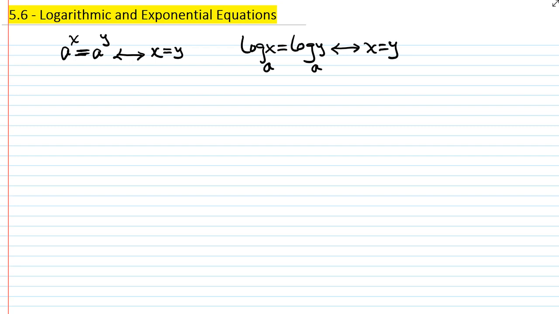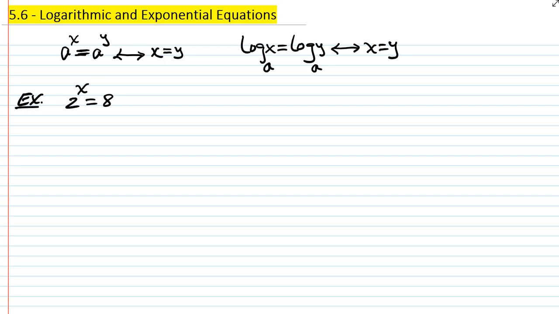Now, both types, logs and exponential equations we solve, are pretty much in two broad categories. So let me tell you what I mean. The first type of exponential equation is like this, where I have an exponential expression on the left and a number on the right.